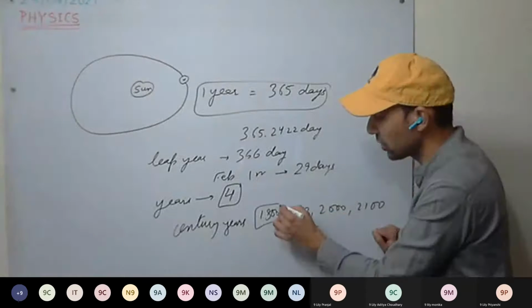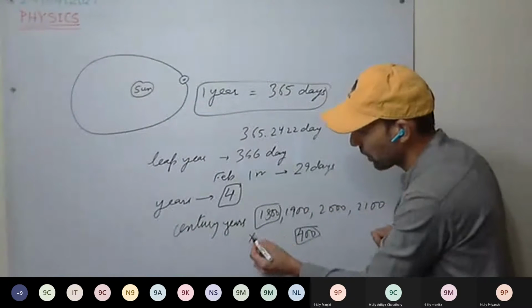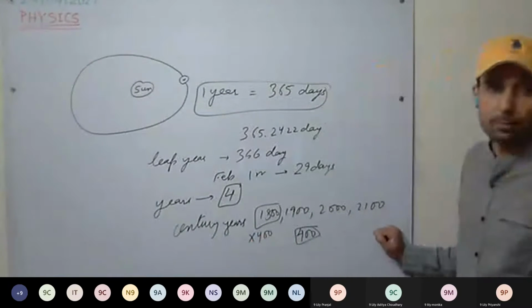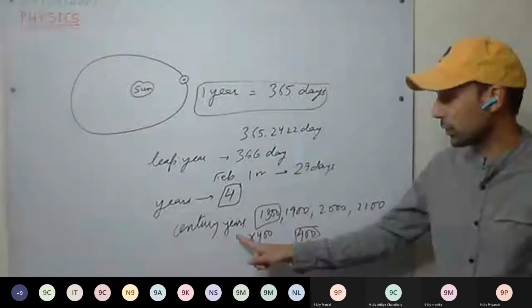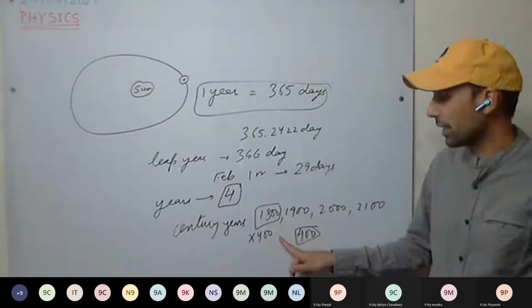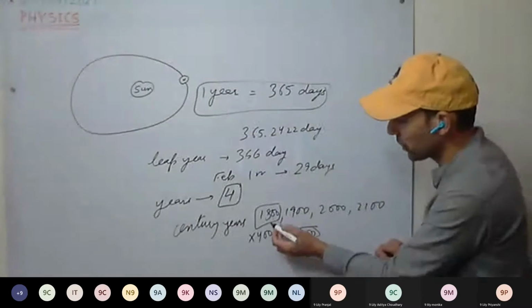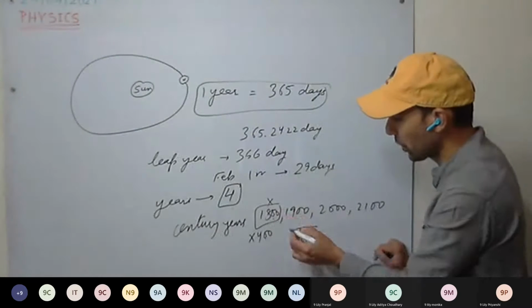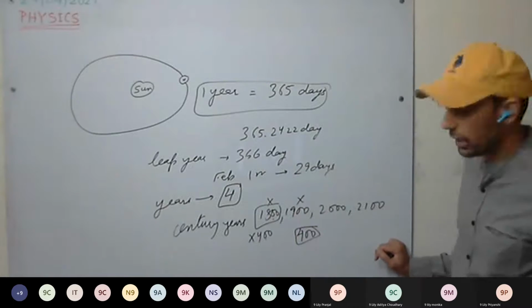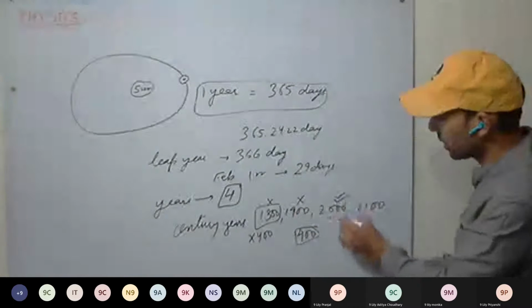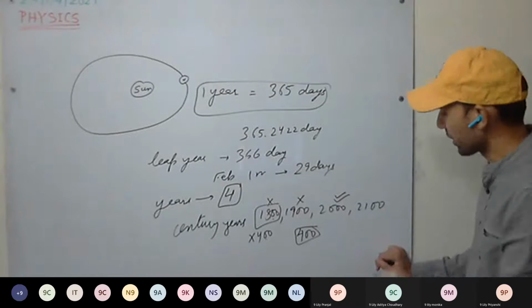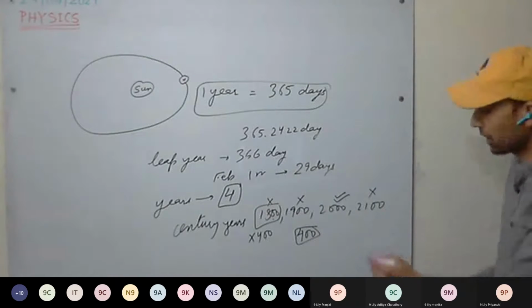For example, 1800 is divisible by 4, but not divisible by 400. So for century years, we have to check one more condition, that they have to be divisible by 400. 1800 is not a leap year. 1900 is not a leap year. Whereas 2000 is a leap year. 2100 is not a leap year.